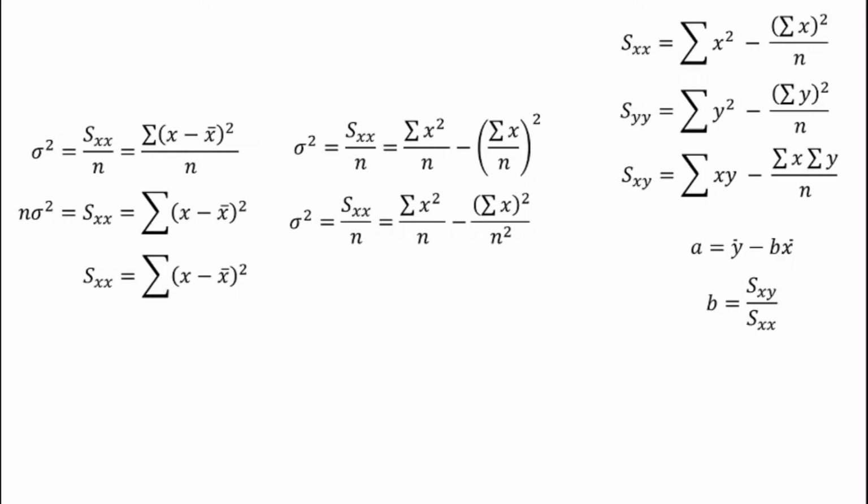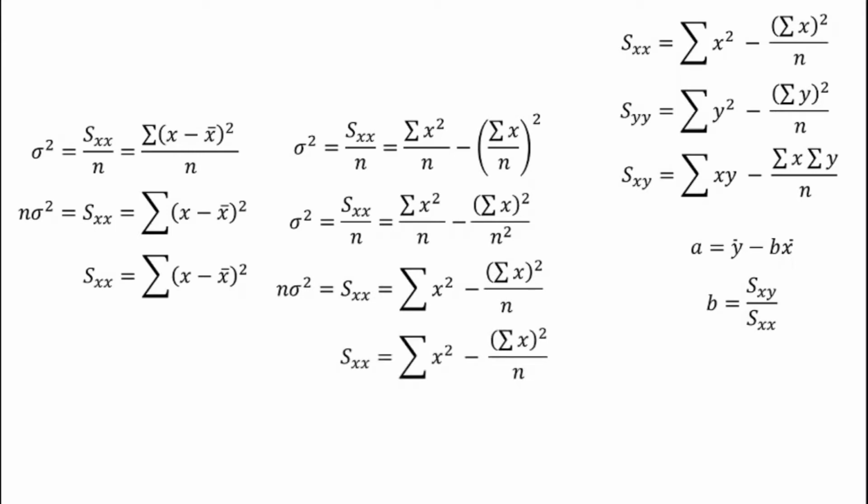So multiplying through by N, S of XX equals the sum of X squared minus the sum of X squared over N. And you can see similar themes for S of YY and S of XY. So just so you know where these summary statistics have come from, they've not just been plucked out of thin air. It is a measure of the spread, the variance, the variation of either the X value, the Y value, or a combination of the X and Y value.